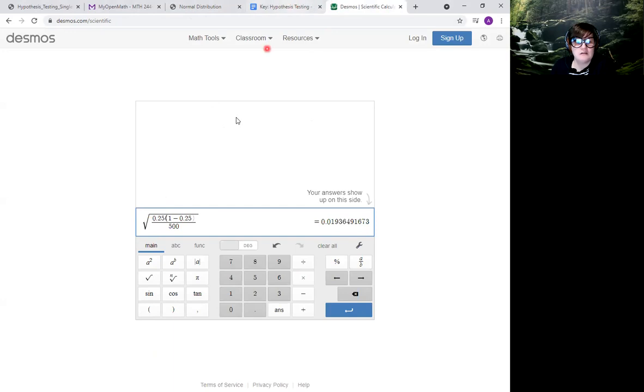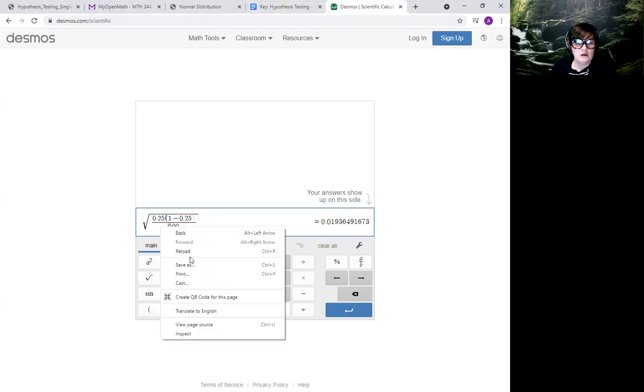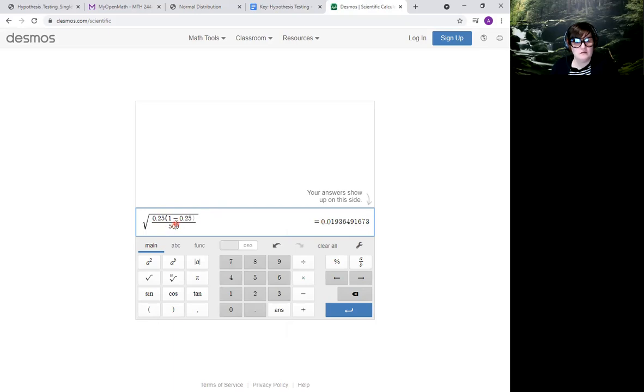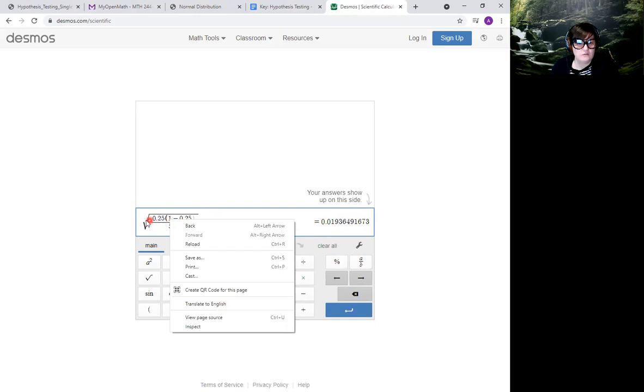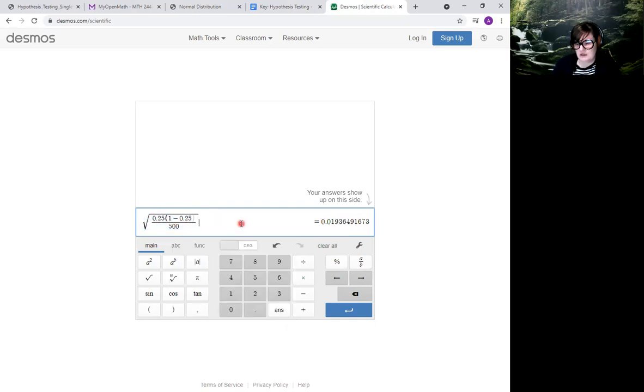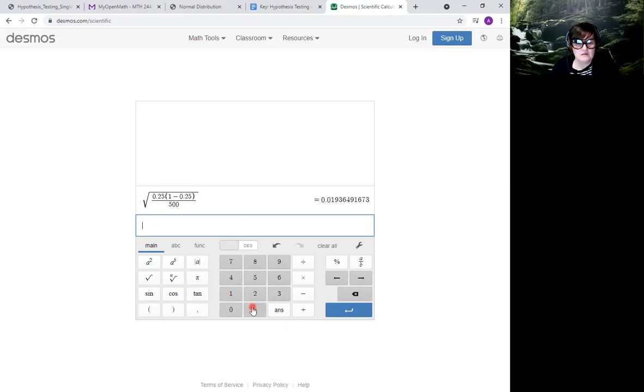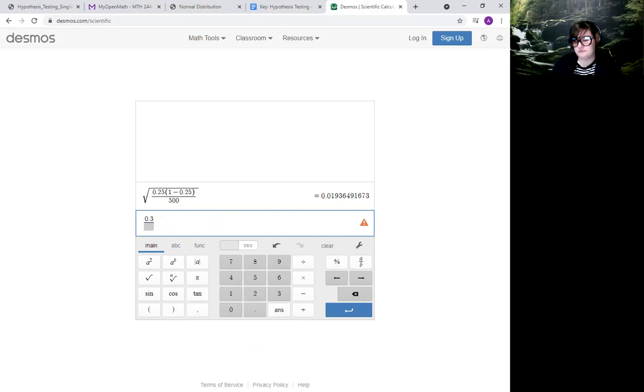Now, if I wanted to calculate my Z value, what's cool is I can copy this in Desmos. So say you need to find your standard error, there it is. I can also, if it'll let me, hit copy. If I hit enter, there it goes. And then I can do that. Oops, there is my test, my sample statistic again, and there's my null value.